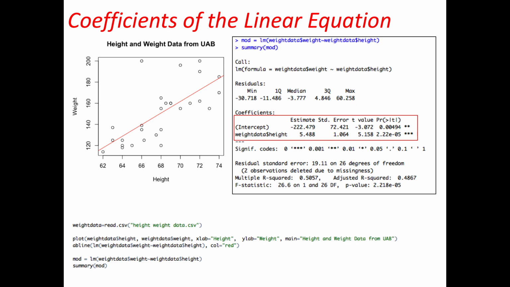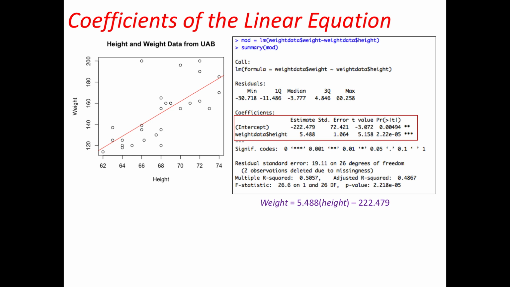So first, let's look at what our equation looks like. Our equation for the best fit regression line, which is depicted by the red line on our scatter plot here, can be written as weight equals 5.488 times height minus 222.479, as shown here. So to answer the question of what weight a student with height of 70 inches would have, we can use the equation to calculate an estimated weight.